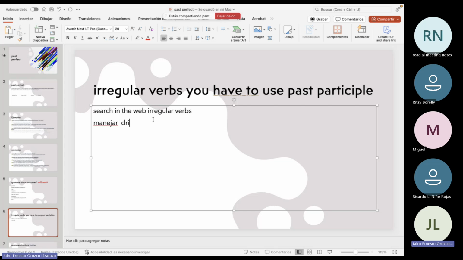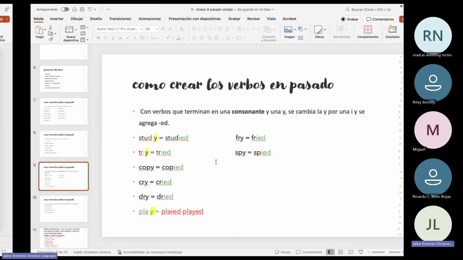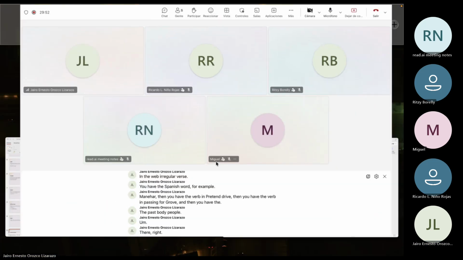Then you have the verb in present, drive. Then you have the verb in past simple, drove, and then you have the past participle verb, right? Let's find one.